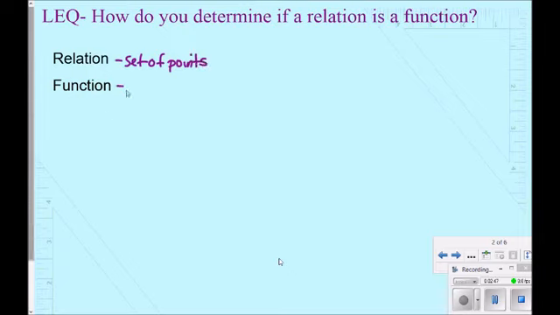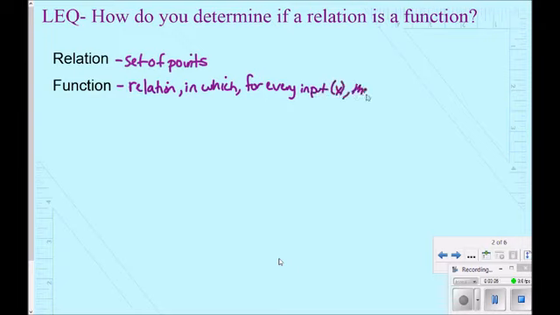And a function is a relation, so all functions are relations, in which for every input or x value, there is one and only one output, y. For every input or x, there is one and only one output, y.